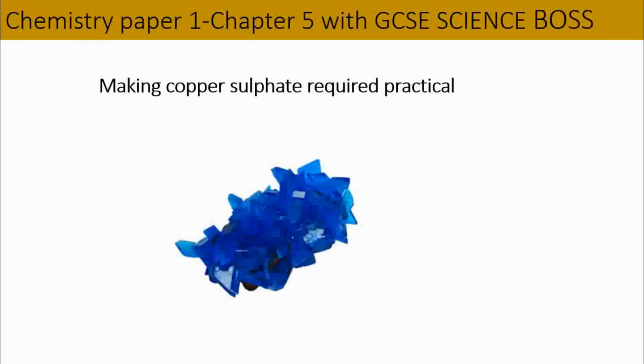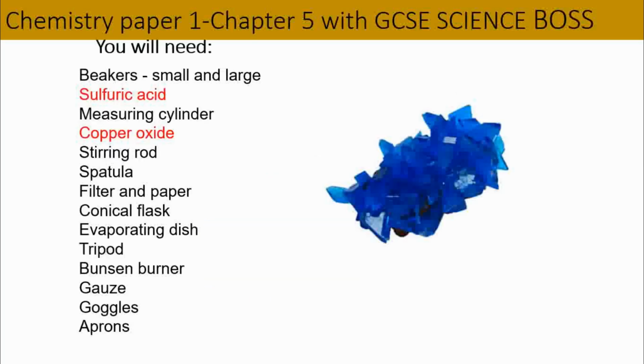So in your required practical, you were making copper sulfate, but in the exam they can ask you about any soluble salt. The steps are similar. So these are all the equipment that you need. You can see your acid, the sulfuric acid, and your copper oxide, because remember we're trying to make copper sulfate.